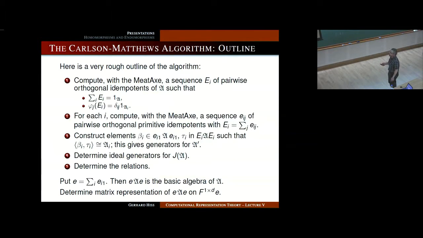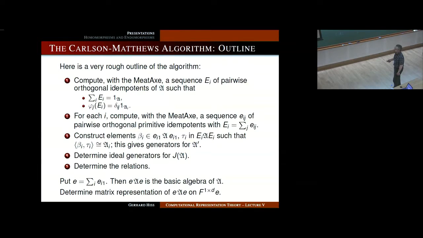And then this is the basic algebra. So the e takes one primitive idempotent from each big e_i. So this accounts for one projective indecomposable module up to isomorphism. If you take the sum of them, then e is a sum of orthogonal idempotents. This is the basic algebra. It contains every PIM, which is e_i1 times A, exactly once.